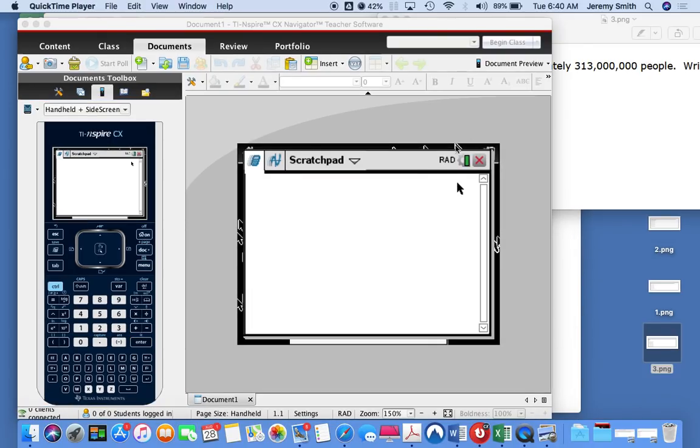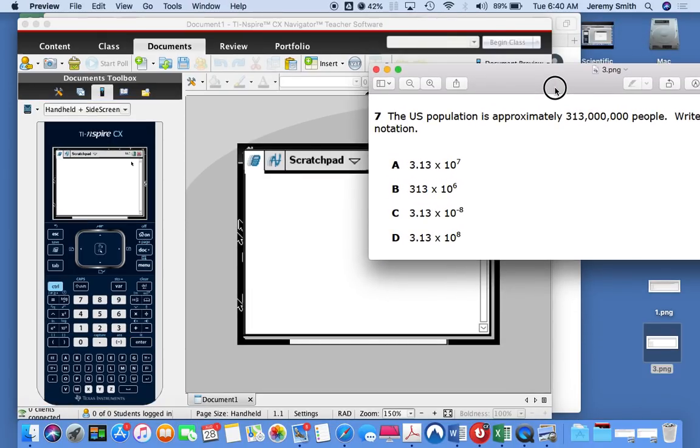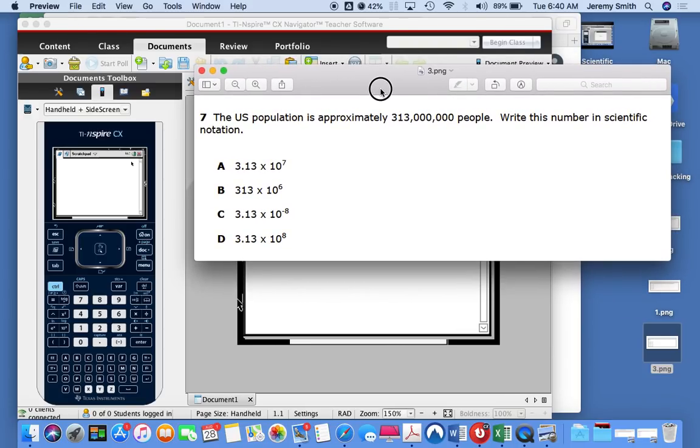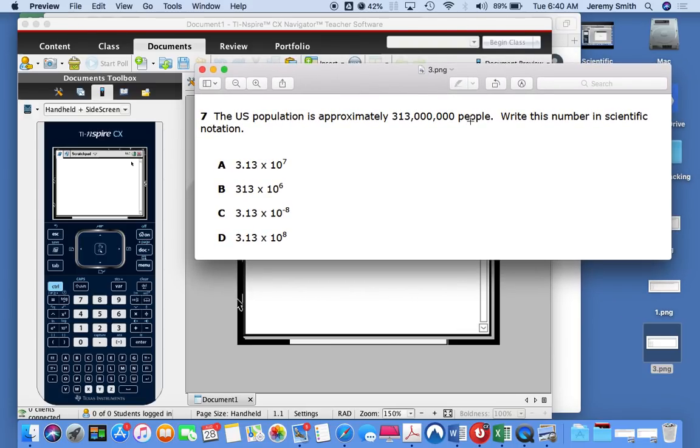Last problem that we're going to look at, let's take a look at this one. It says the U.S. population is approximately 313 million people. We're going to write this number in scientific notation. Once again, remember, you're going to take that standard notation, make it equal to each one of these to determine which one is the correct answer.